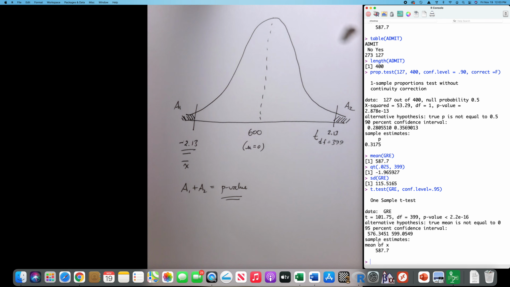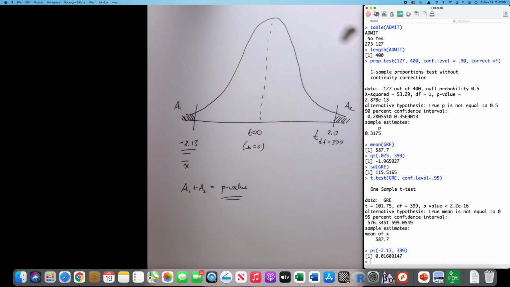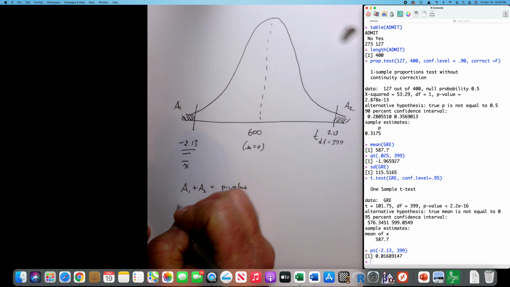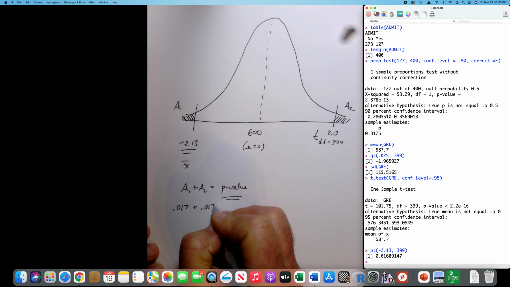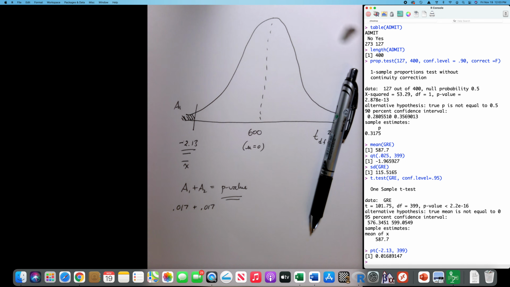If we do PT of negative 2.13, degrees of freedom 399, we will get the area in the left tail. So the area in the left tail is 0.017. Obviously, the area in the right tail is 0.017.